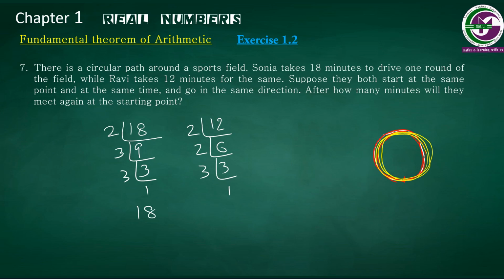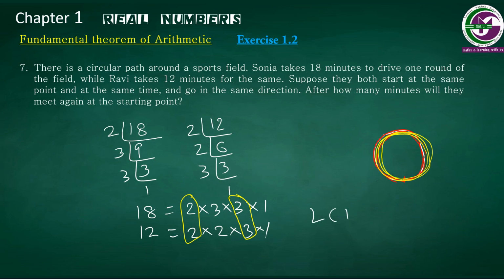So we can write 18 as 2 times 3 times 3 times 1, and 12 as 2 times 2 times 3 times 1. Now we'll find the common. One of the 2s is common and one of the 3s is common. To find the LCM, we write the common numbers only once, and then the remaining numbers.